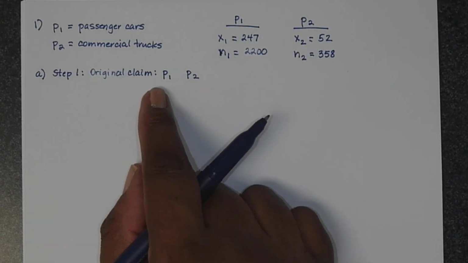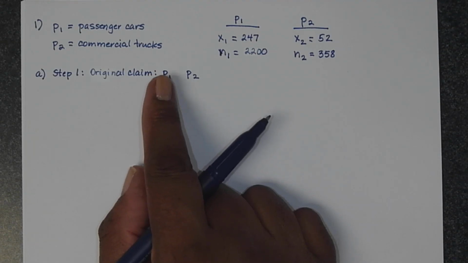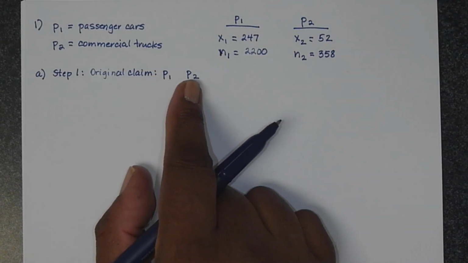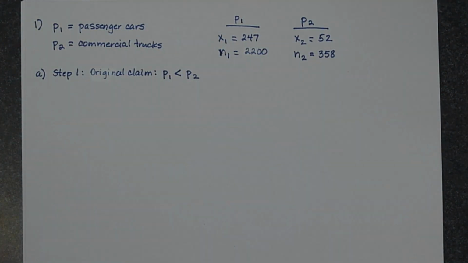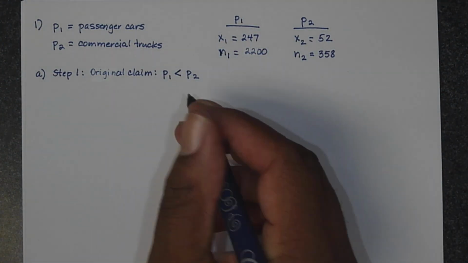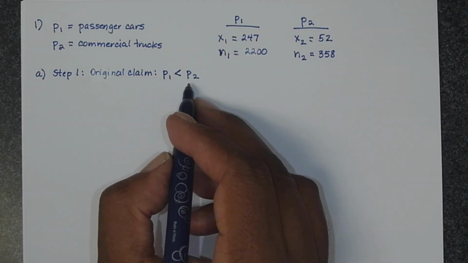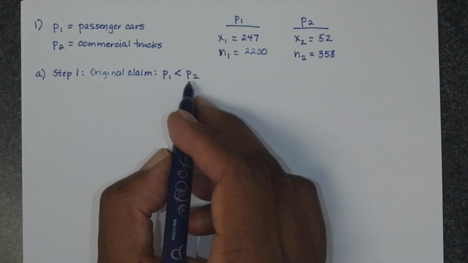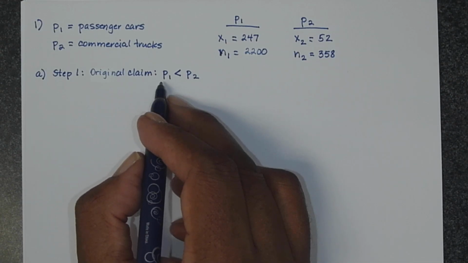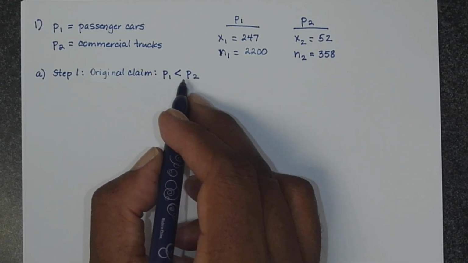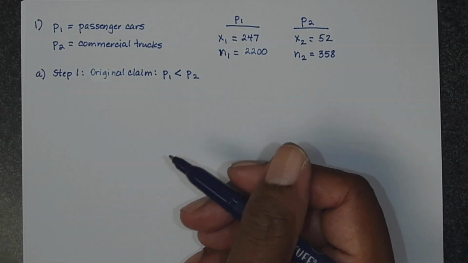So if P1 represents passenger cars, I need to write an inequality that relates P1 to P2. That would have to be less than. And that's the way of saying that P2, the number of commercial truck owners violate laws at a greater rate than those owners of passenger cars. So P1 less than P2. That would be the original claim.